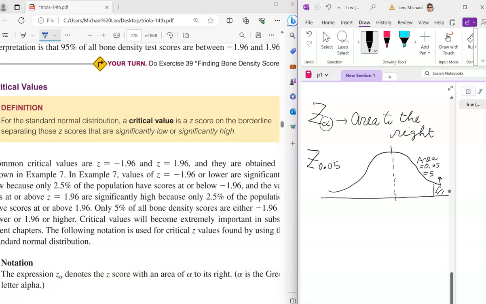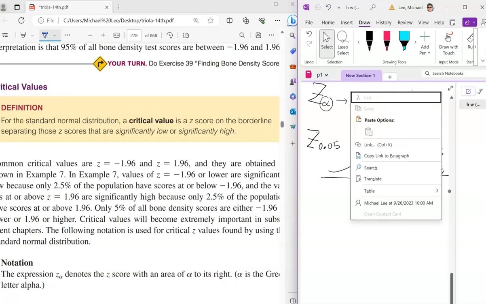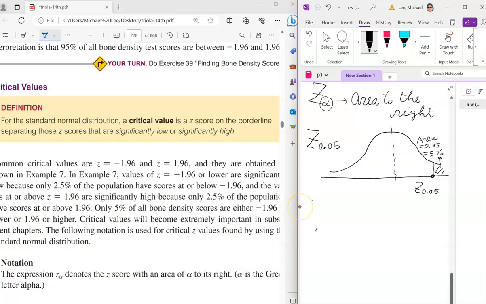In other words, 5%. Then this point is called z 0.05. Okay? If I say z 0.8, then this point will be, z 0.5 would be exactly half.